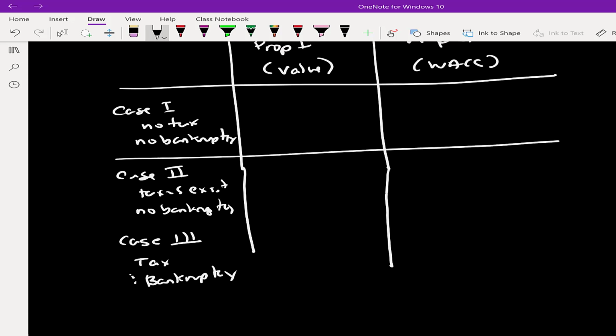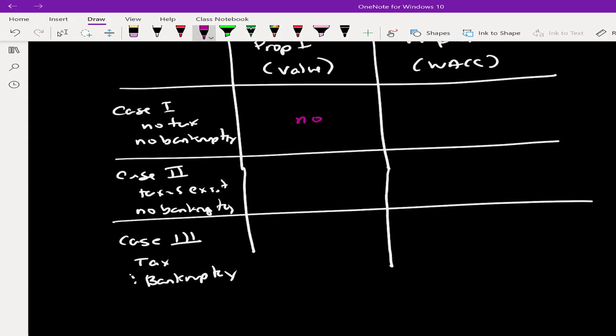If we were to put it in a chart form, in case 1 it says that there is no optimal capital structure. So it makes no difference what your debt to equity ratio is. The value of the company will not change, cost of capital will not change.